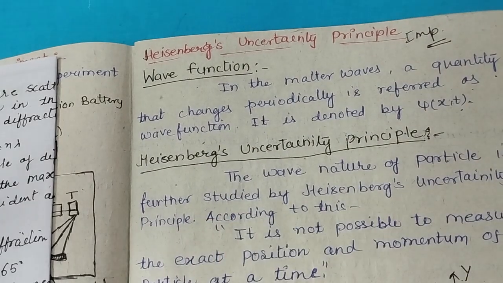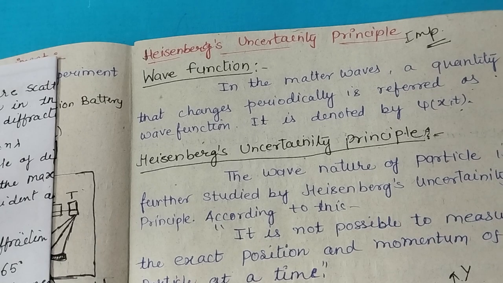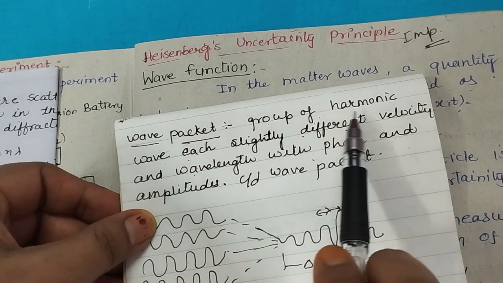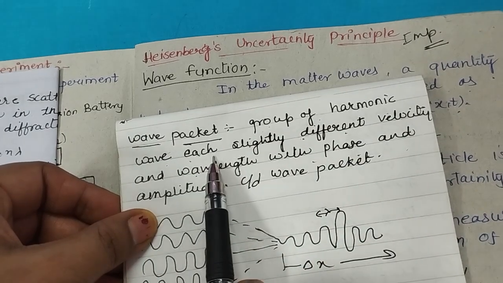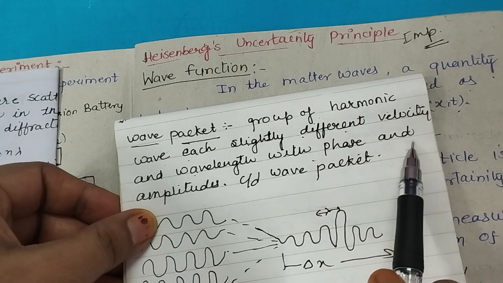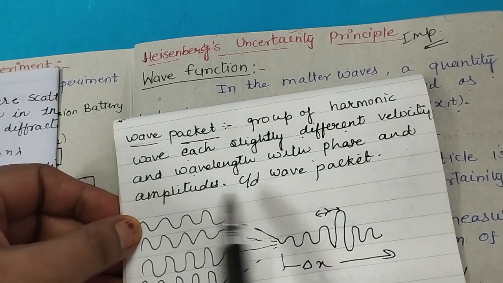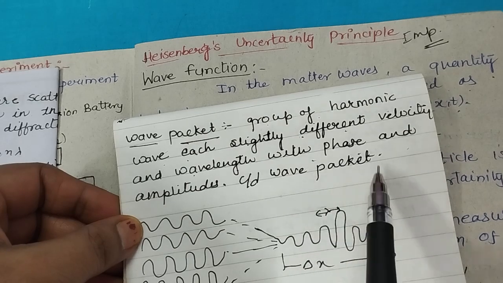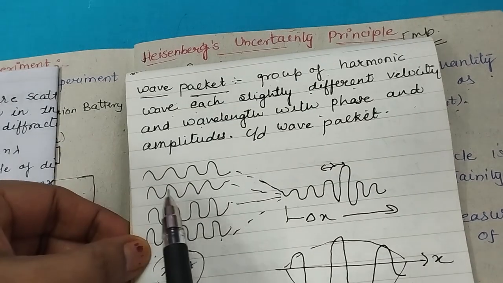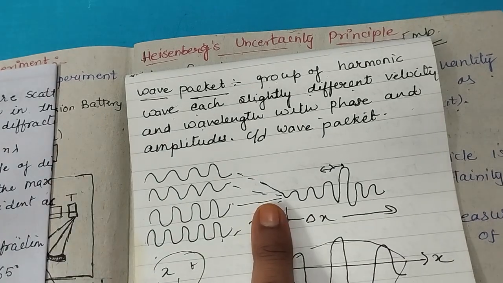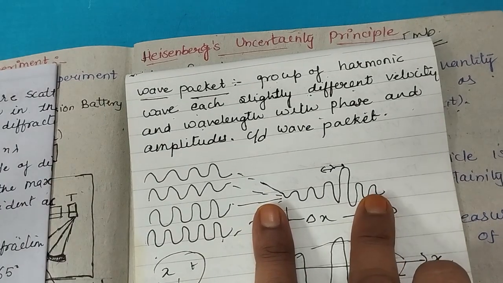Now before starting this principle, I just want to explain two topics. First one is wave packet. A group of harmonic waves, each with slightly different velocity and wavelength, with phase and amplitude, is called a wave packet. Suppose we have so many waves that come together with slightly different phase and amplitude.